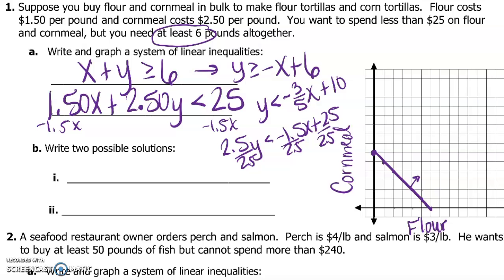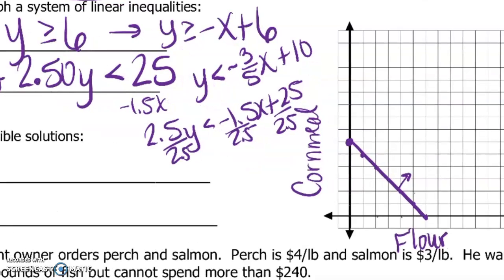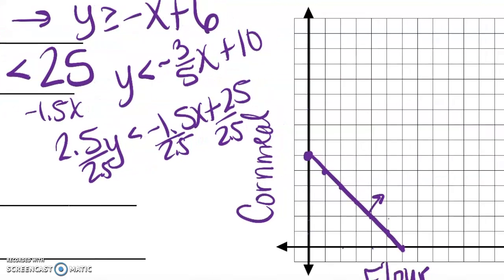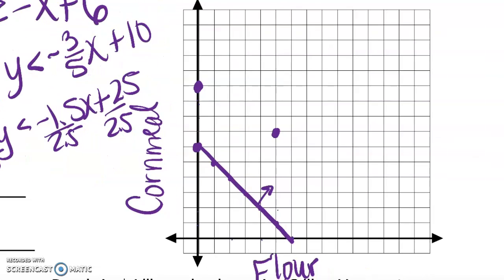So you might want to do some work off to the side or on another sheet of paper. So I start up 10. And then down 3 and right 5. So these are actually not going to cross, and that's okay, because we're not looking for a certain ordered pair where they cross.